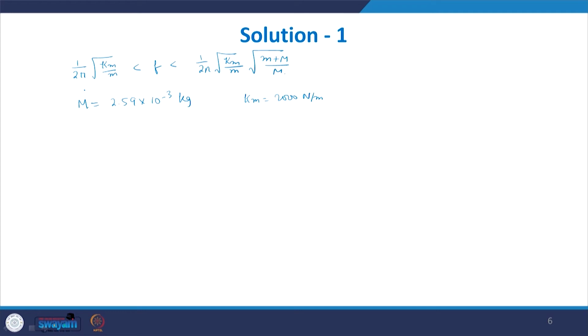So let us call this first quantity A and this quantity B. This implies frequency will lie between quantity A and B, and A we calculate as 1 upon 2 pi under root of 2000 by small m, which is given to be.